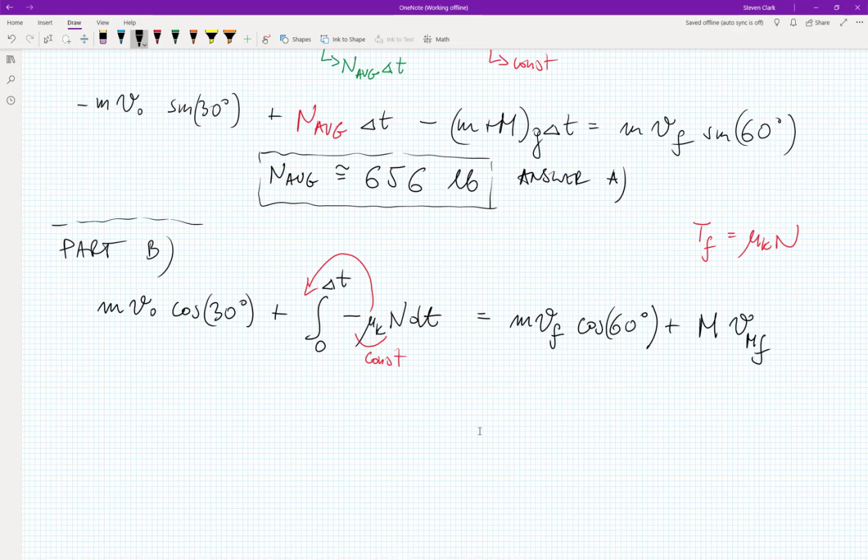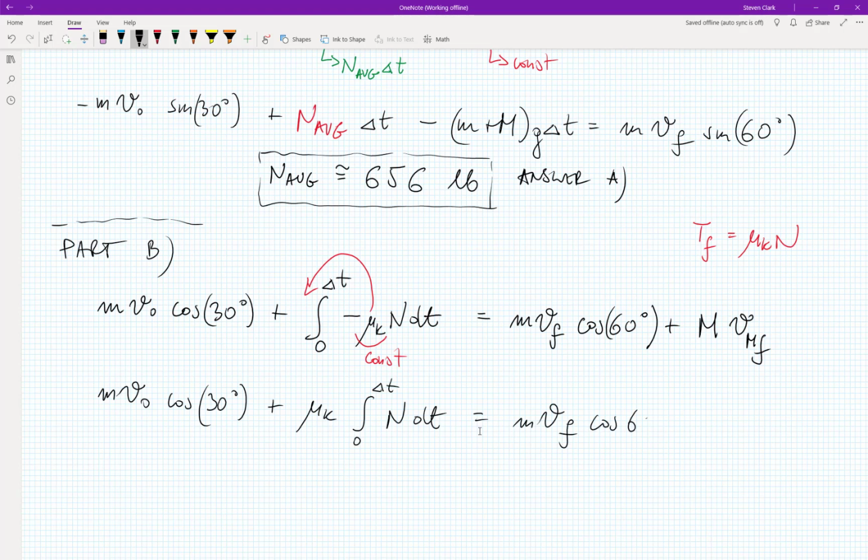So we can actually write m v0 cosine 30 degrees plus mu k integral from 0 to delta t of N dt, and this is equal to m v final cosine 60 degrees plus m v m final. And by the way, I'm just going to use exactly the same argument as previously. This is an average we just found times delta t.